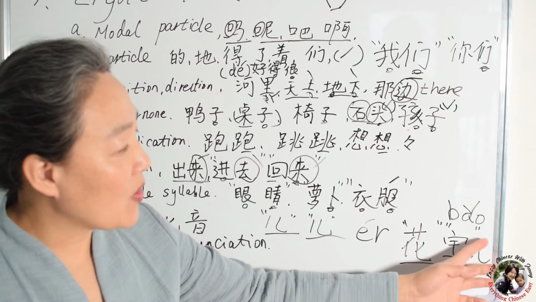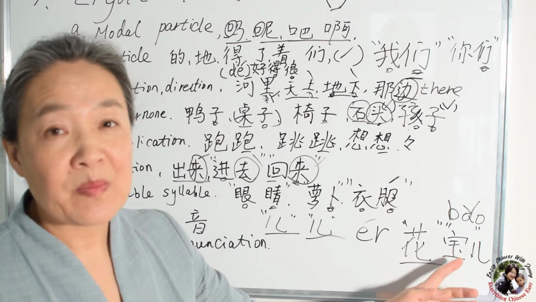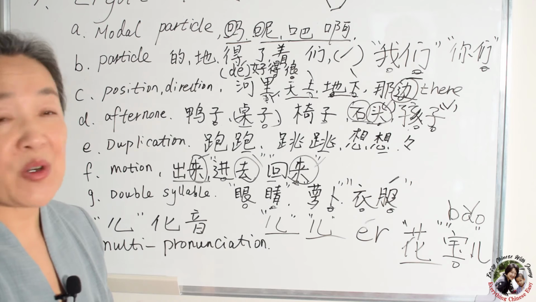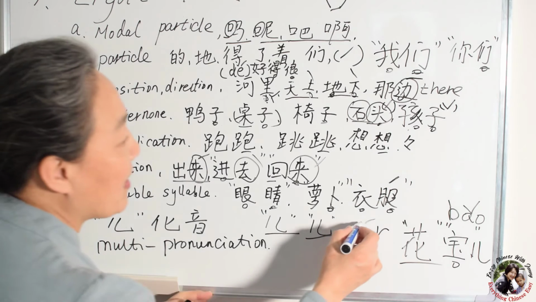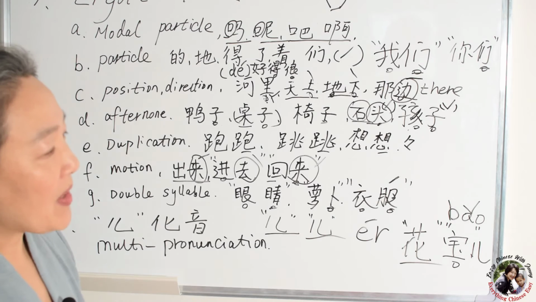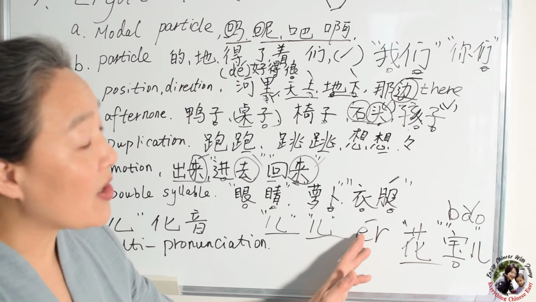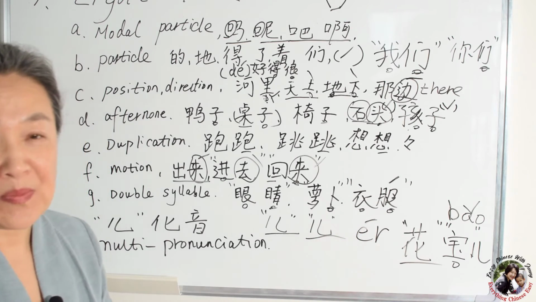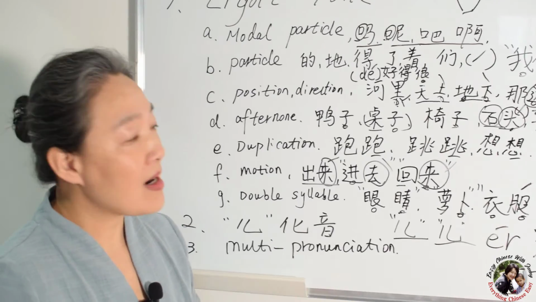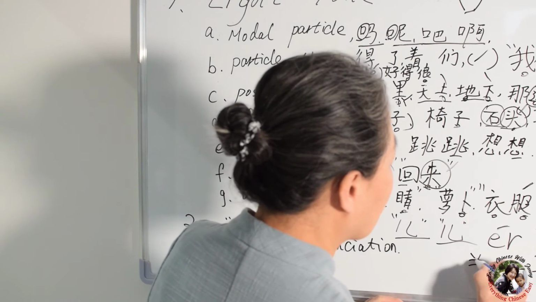So you can tell, at the end of the 宝, they add the 儿, which means you're fond of something. So on many occasions, if you travel to Beijing, you can see they talk about things always with this ending pronunciation. 花儿, 宝儿.